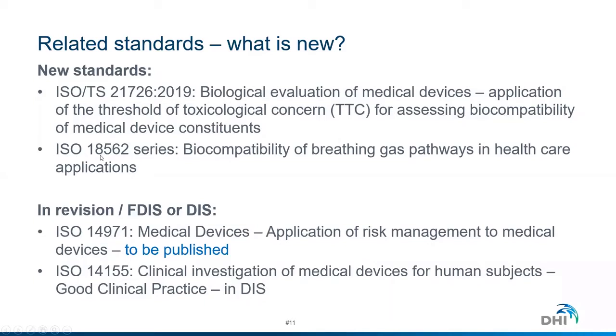Then there's the ISO 18562 series on biocompatibility assessment for breathing gas pathways in healthcare applications. So if you are working with devices for ventilation or delivery of anesthesia gas, for instance, this is the series of ISO standards that you want to consider when you do the biocompatibility evaluation of your device.